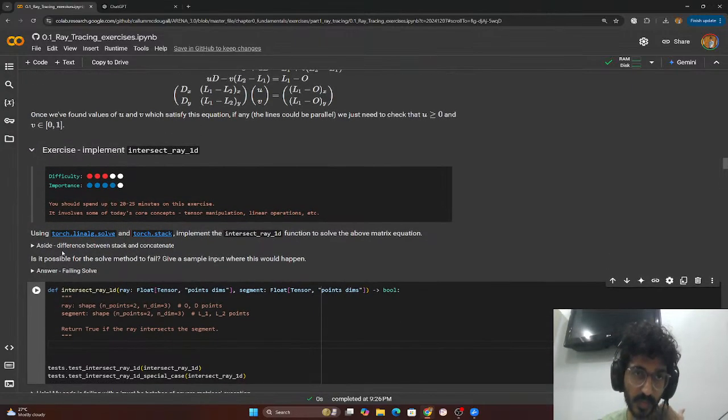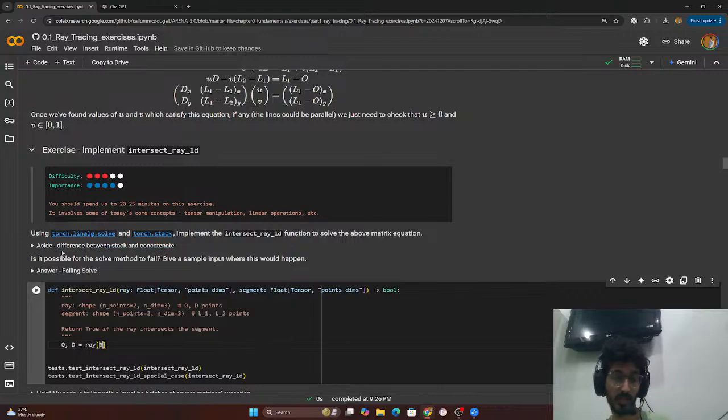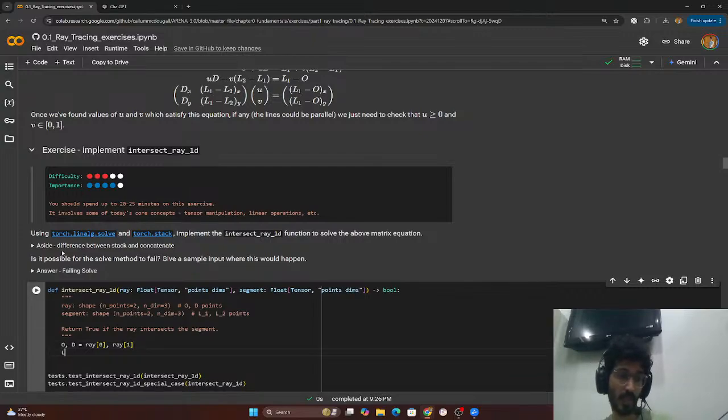So what was the equation? Let's extract the origin and the direction from the ray. We can do this by ray of 0, ray of 1, and L1, L2.